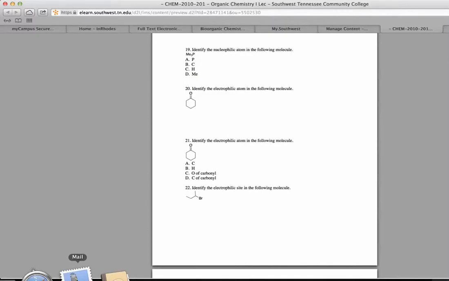And let's just finish up this podcast by looking at question 22. Identify the electrophilic site of 2-bromobutane.